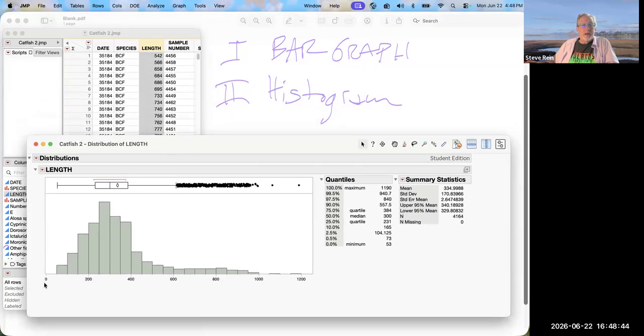So in my histogram, I get a sense that the largest catfish by length is really unusually large compared to whatever the typical catfish length is. I'm thinking the typical here is like 300 or so. 1,200 is a lot larger than 300, while the smallest is like 50, compared to 300.